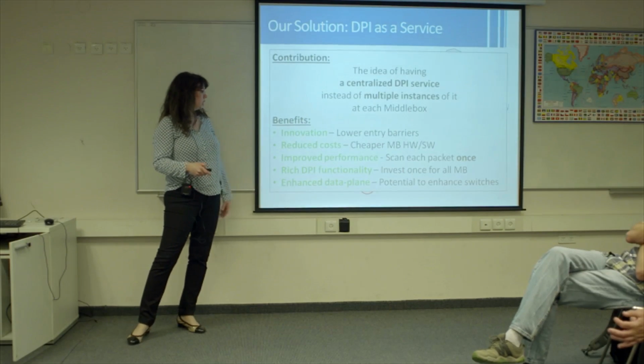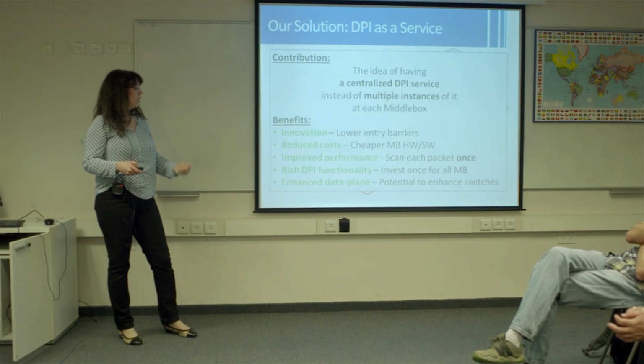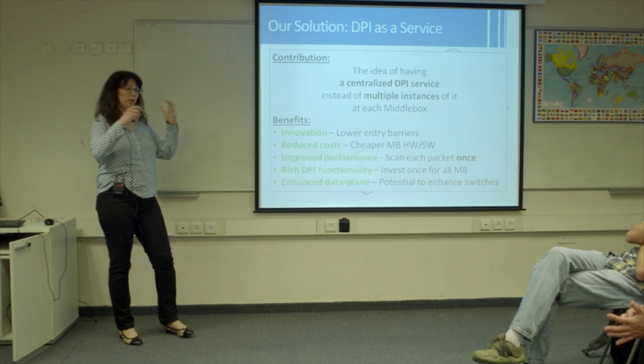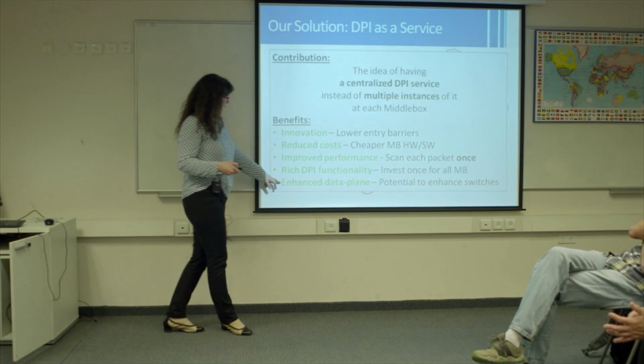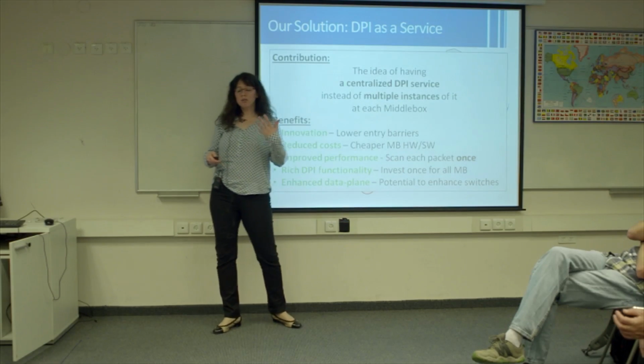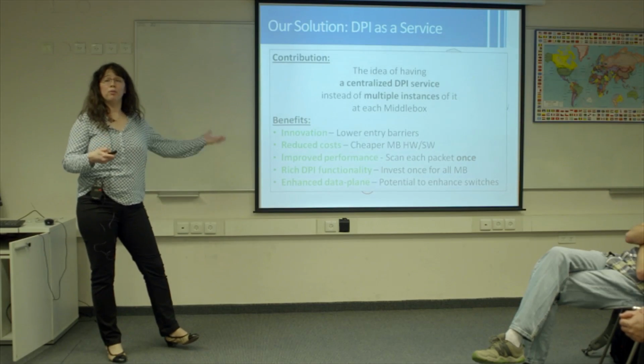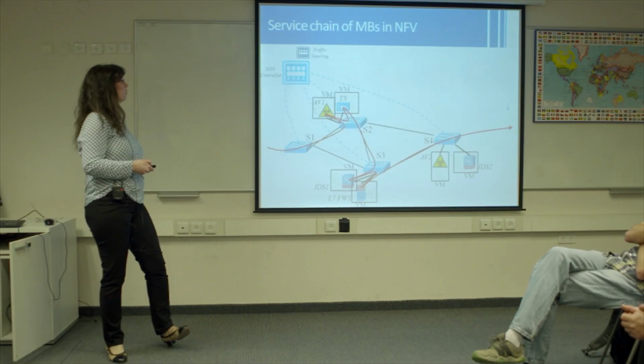You have rich DPI functionality because we invest in one point in the network and build a very clever DPI. And we enhance the data plane. It means that even switches and routers can enjoy the fact that there is DPI as a service.